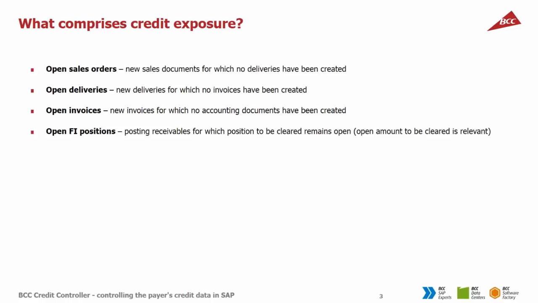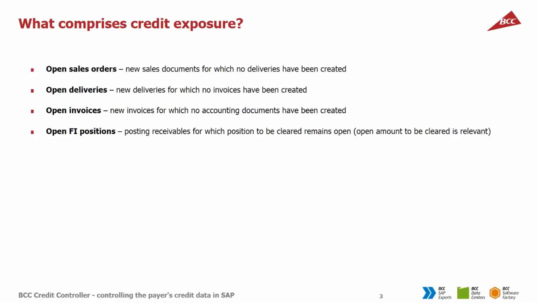So let's get to the bottom of it. What comprises credit exposure? The use of the credit limit consists of 4 values. Open orders, or orders for which goods have not yet been sent, but the deal has already been confirmed with the customer. The second element is open deliveries, so the goods have been prepared for shipment or are on their way to the customer, but the process has not yet been billed.